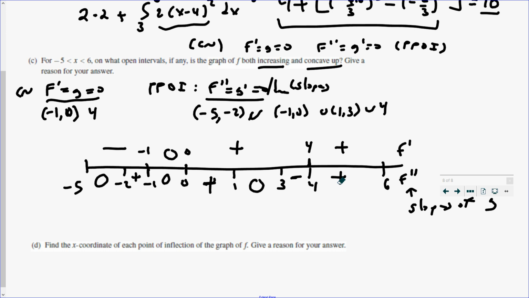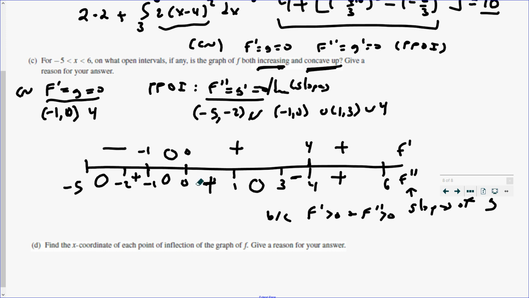Boy, that was a hard question. There's just a lot of domains right there. Take a look at this one. Definitely try this one again. All right. So we want to know where it's positive, so what we're looking for is where the derivative is increasing, f prime is increasing, and the second derivative is positive. So we're looking for this region, because the first derivative is positive and the second derivative is positive.